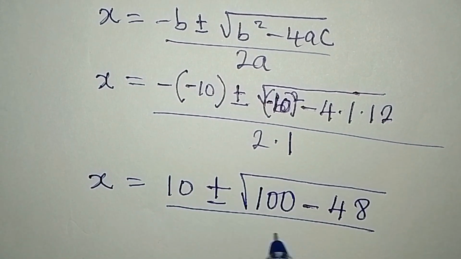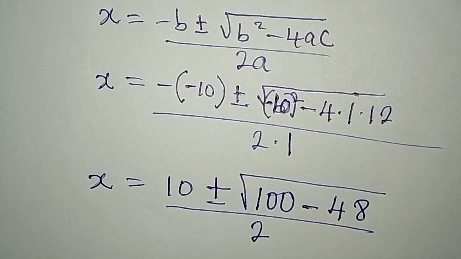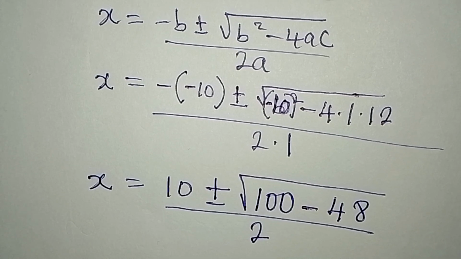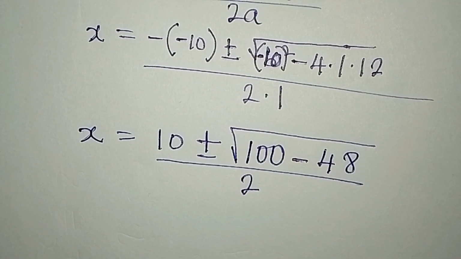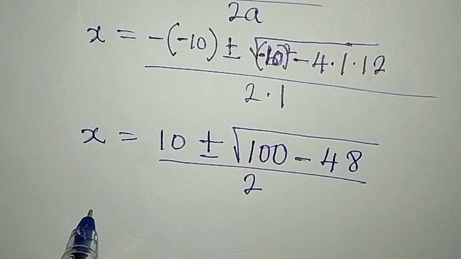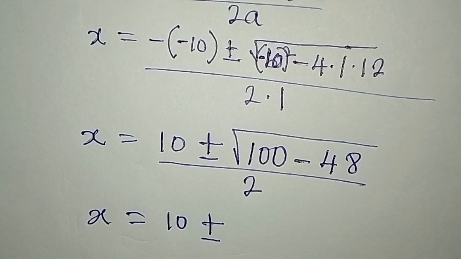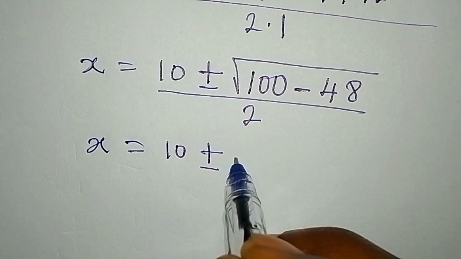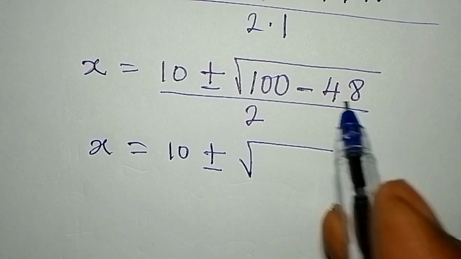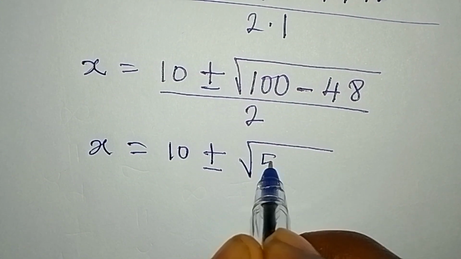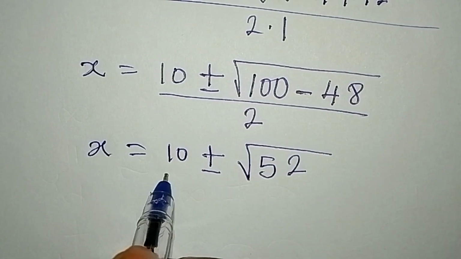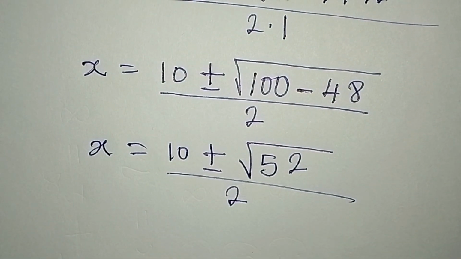The next thing is for us to subtract. So x is equal to 10 plus or minus the square root of 52, and this will be over 2.